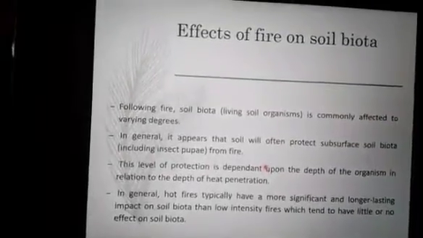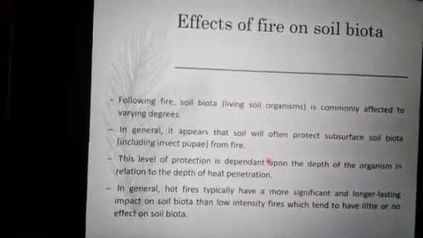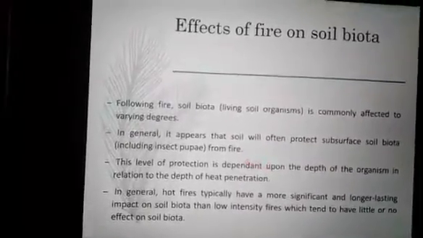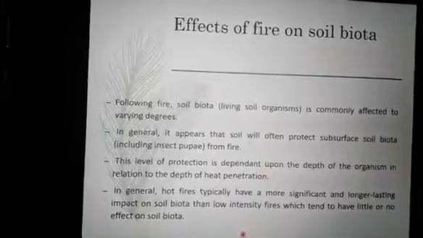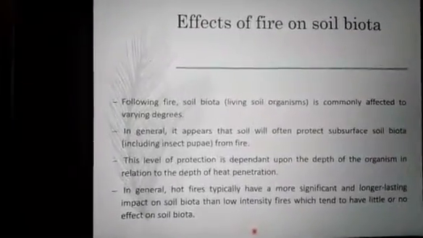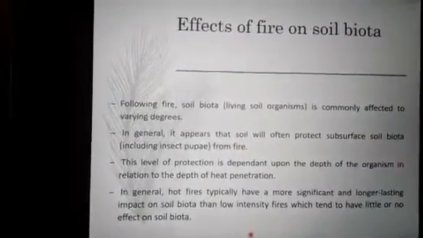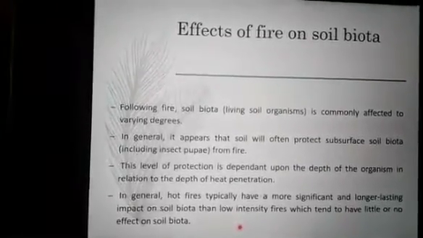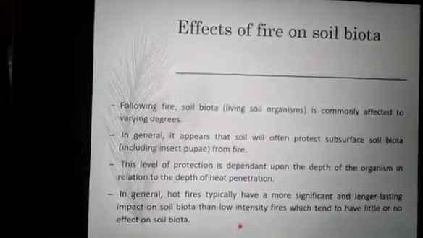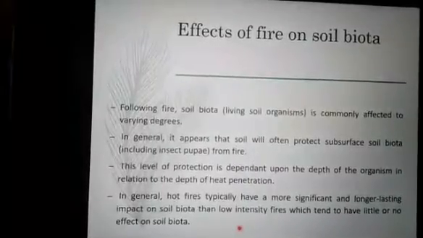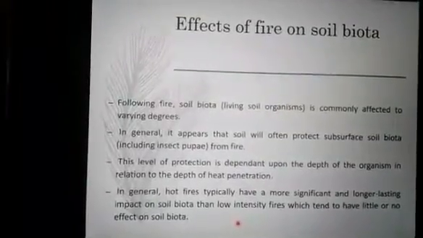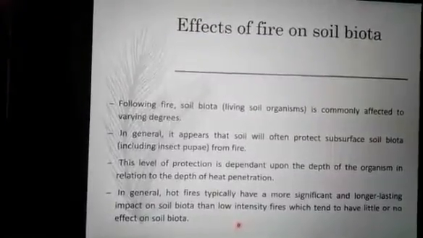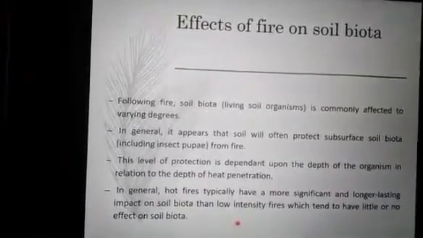And then we have the effects of fire on soil biota. So like I said, the intensity of fire also is the main factor here when we talk about fire on the soil biota. So following fire, soil biota is commonly affected to varying degrees.